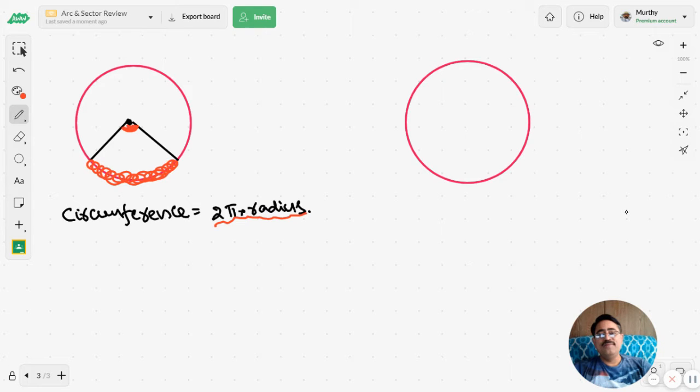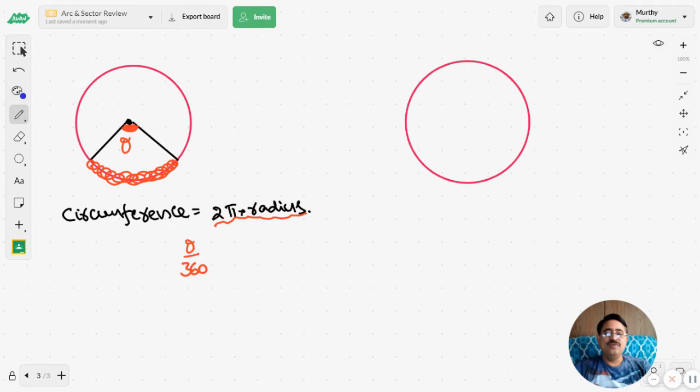Let me take the central angle for the time being as theta. It's a Greek letter. You know that the total angle in a circle is 360 degrees. Therefore, theta over 360.